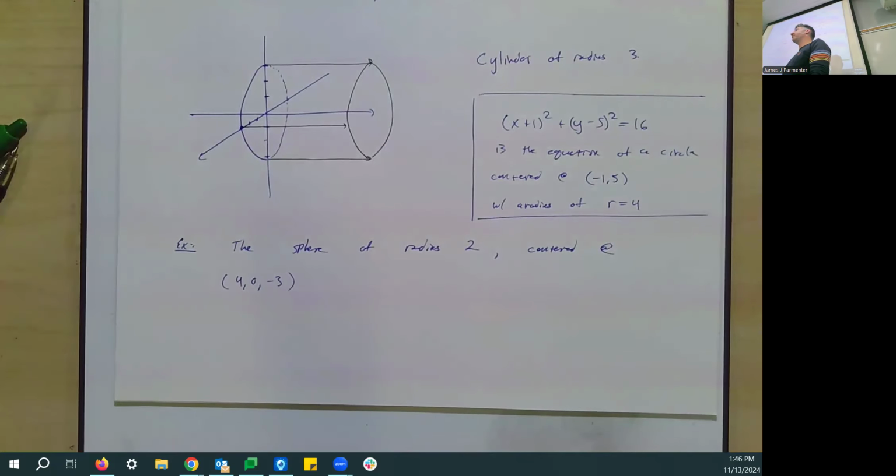And this is really true of a lot. I know I said this already. I'm going to say it again. A lot of three-dimensional things, you kind of just add on an extra coordinate and then say it's good.